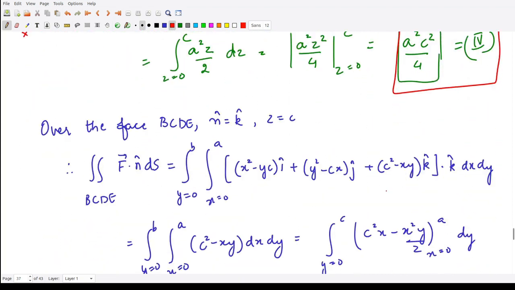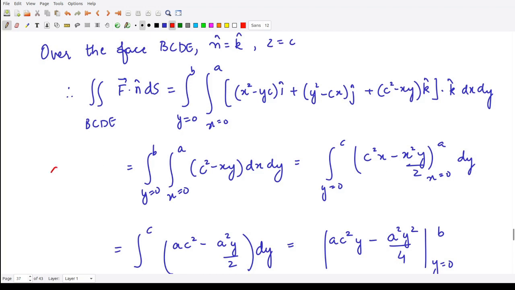And next for the face BCDE. So what is this face? This face now is, this is z, this is y, this is x. So the face BCDE is this one. For this particular face, your unit vector is drawn in the direction of z, so n cap is equal to k cap, and the value of z, this distance from origin, is equal to c, right?